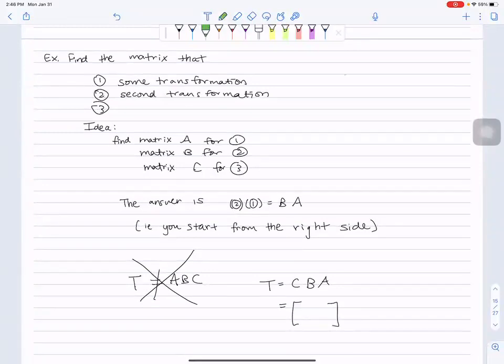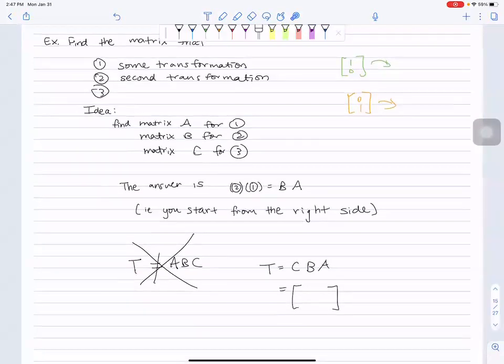If it says find the transformation that sends the vertical to the line y equals x, we're assuming the vertical is 0, 1. Yep. Any other questions on this?